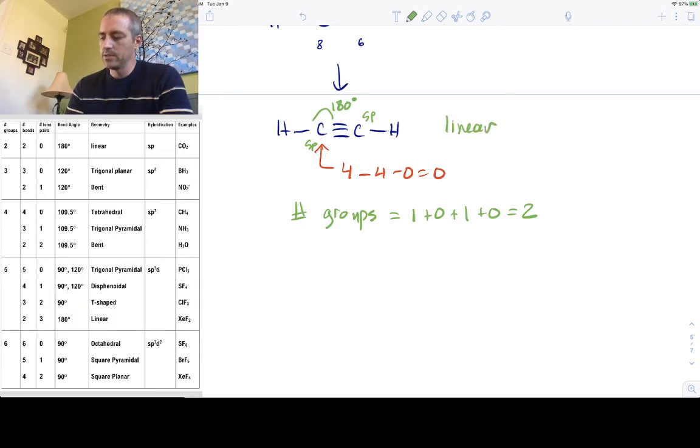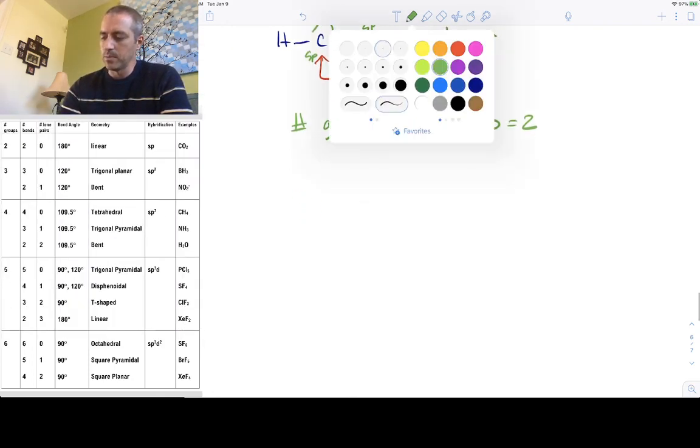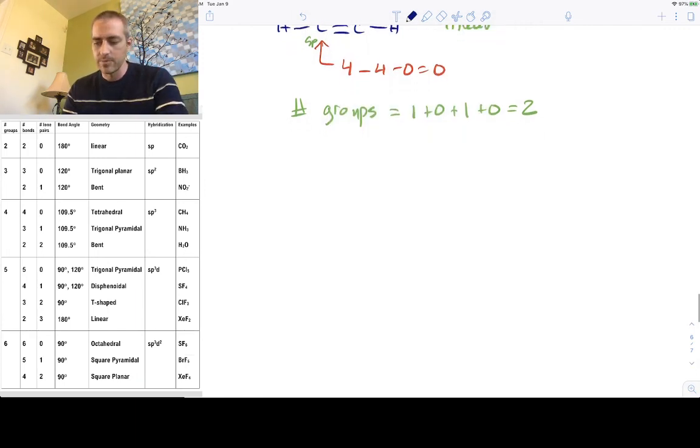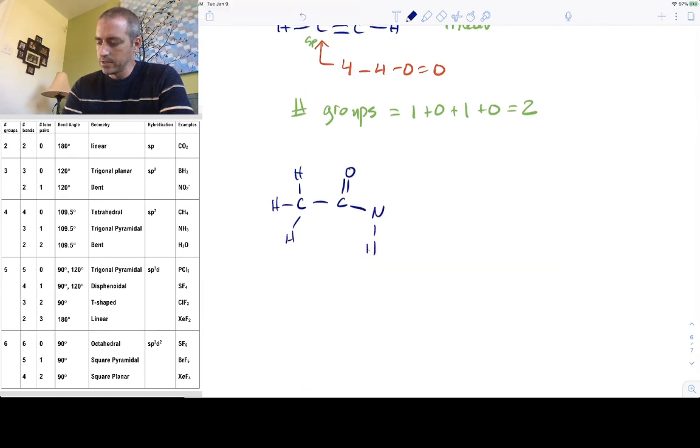And what you'll find is you can make more complex molecules with multiple central atoms where the geometry of each central atom can be different. So you can have a molecule that looks, say, like this. Hydrogen, hydrogen, hydrogen, carbon, oxygen, nitrogen, hydrogen. Let's keep going.